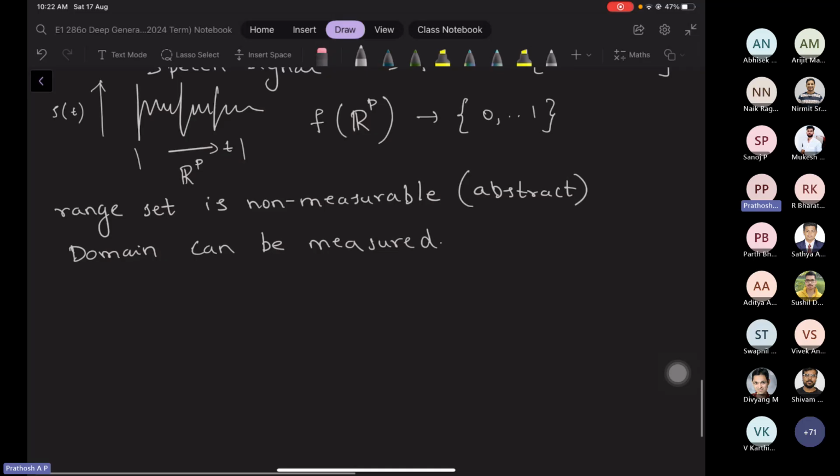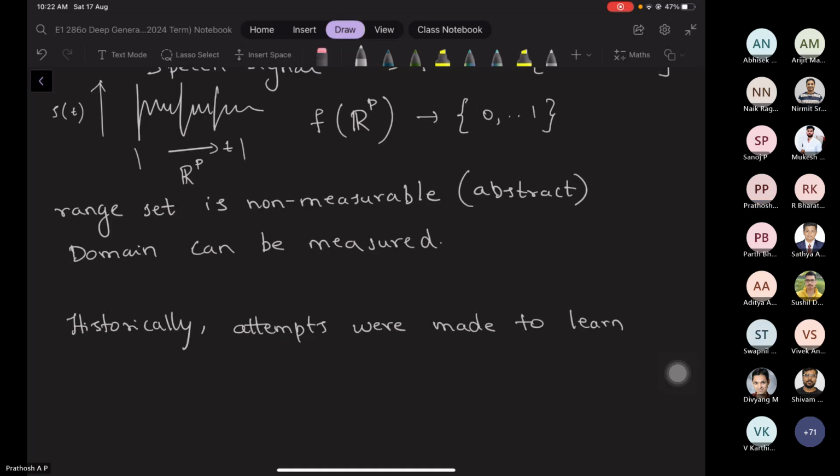Okay, so I'll tell you. Historically, attempts were made to learn such functions using classical tools, let me say it.